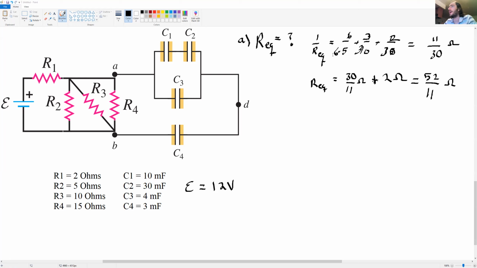So let me go ahead and scroll up and pull the answer. One of you guys can be a calculator here for me. 4.73 ohms approximately. Okay, so there's A. Let me go ahead and move that up here.